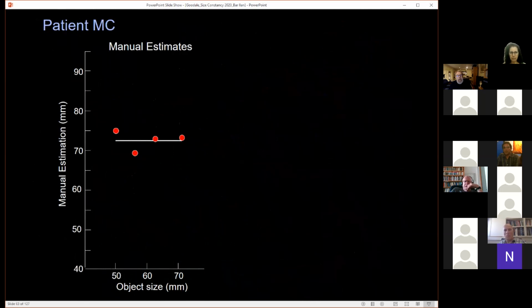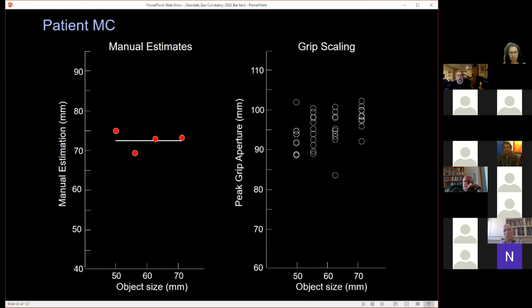But now when you ask her to reach out and pick them up, things tighten up. She shows a slope. That is, she opens her hand wider for big objects as compared to small objects. It's not a normal slope, it's not as steep, but it's very reliable. We've tested her in other settings as well.